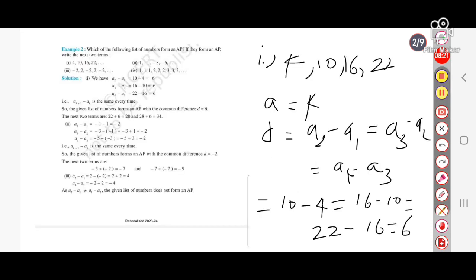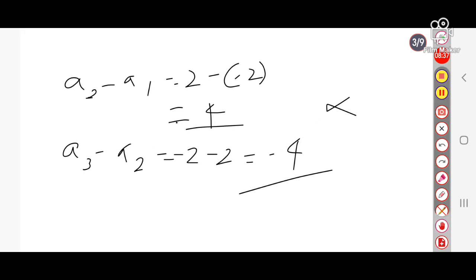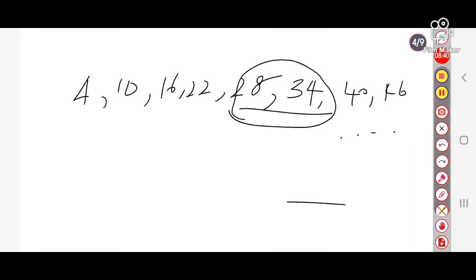So the fourth one is 1, 1, 1, 2, 2, 2, 3, 3, 3, and it goes on. They are asking whether this forms an AP or not. So we will just check it.